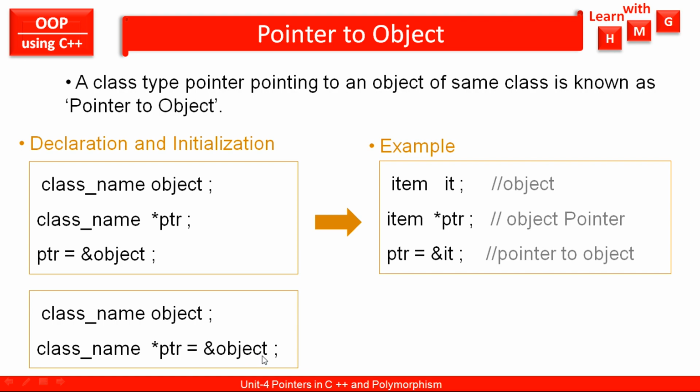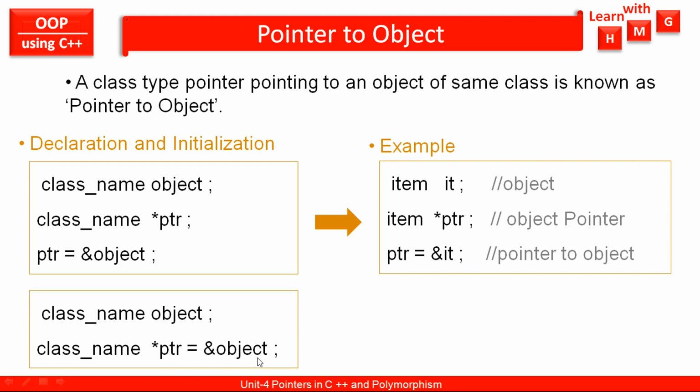So here what we are doing, we are first of all declaring a pointer ptr, that is the class name *ptr, and at the same time the address of object is assigned to the ptr pointer. So like this, the two operations are performed in a single step, that is the pointer is declared as well as it is initialized with the address of object.